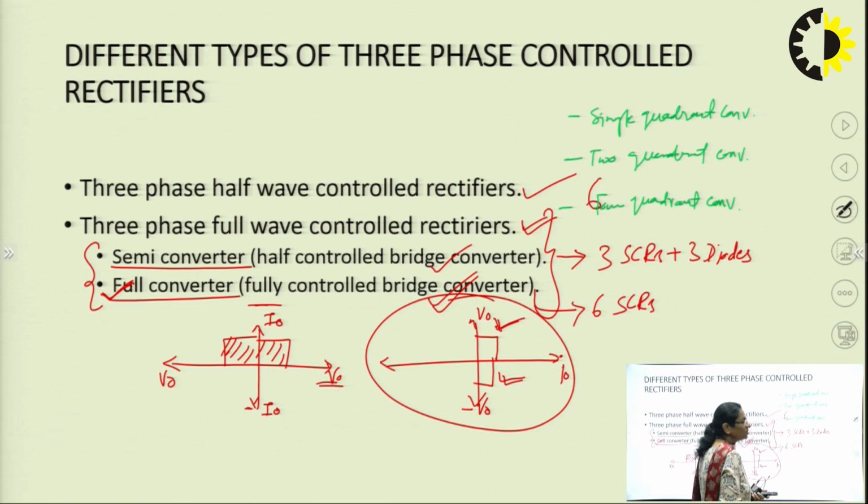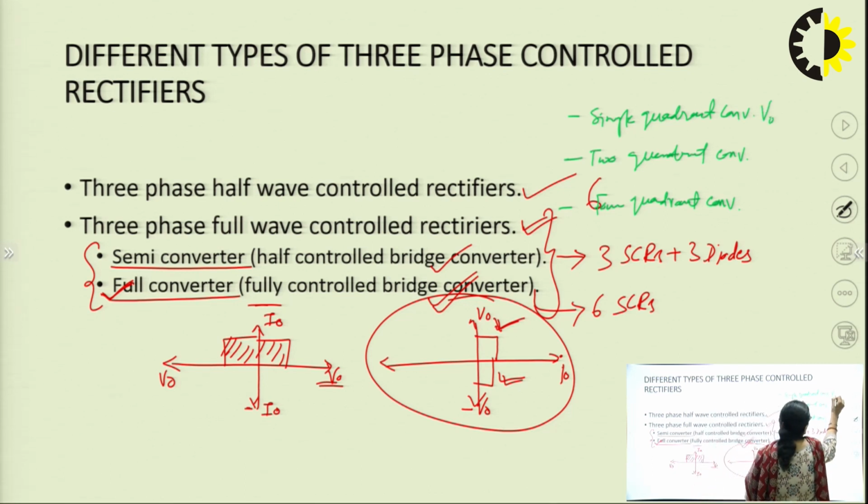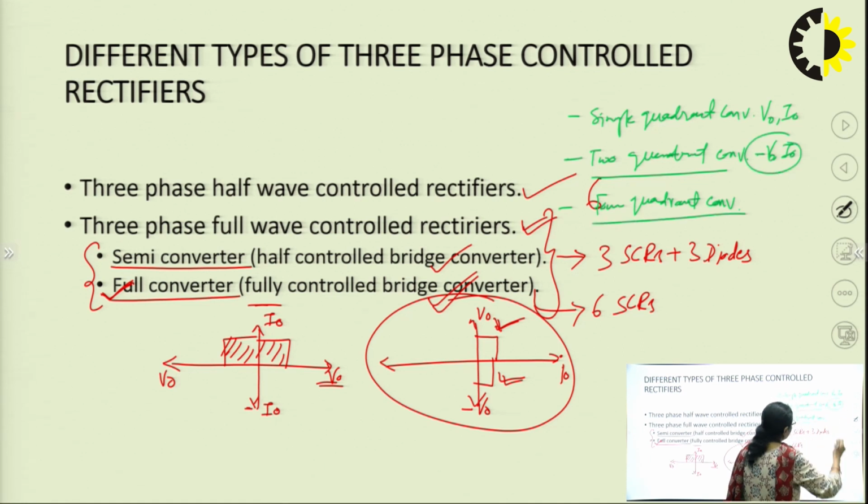These phase controlled converters can operate with positive voltage, positive current. If I am talking about two quadrant converter, that is actually positive voltage, positive current and negative voltage, negative current. If I am talking about four quadrant converter, it means I can have operation in all the four quadrants.